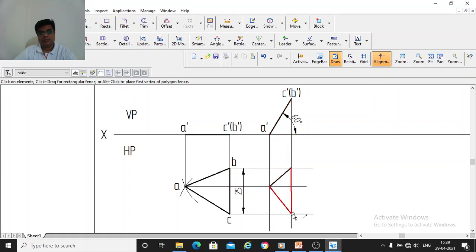So now this is the top view. Again name the corners A, B, C here. So this will be A, write A here. This will be B, write B here.